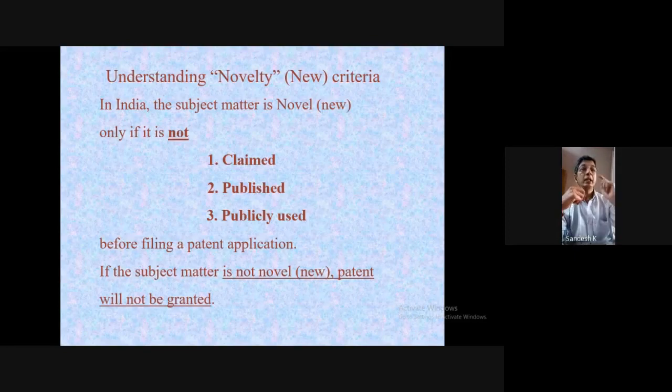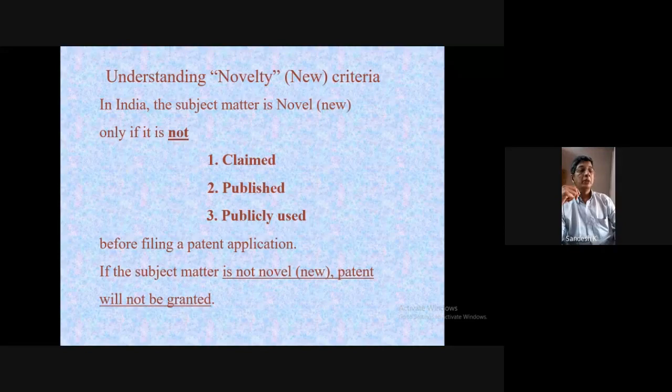Okay, understanding the novelty. How will you say it is novel or not? This product or the process is not claimed anywhere in the world. It is not published worldwide.